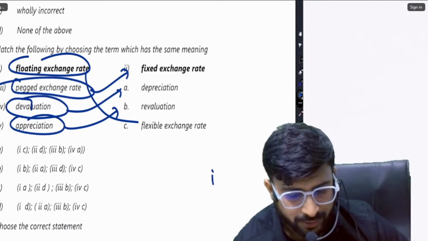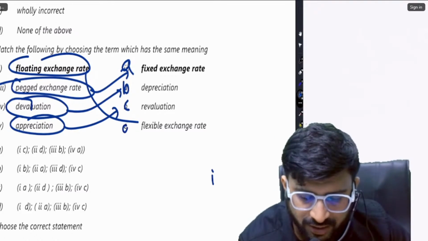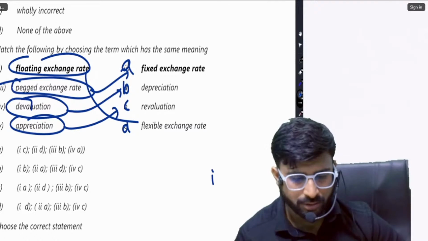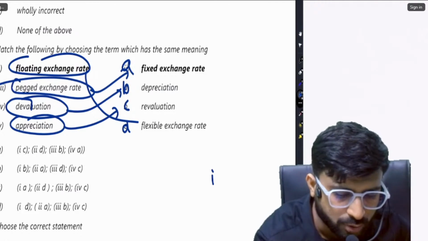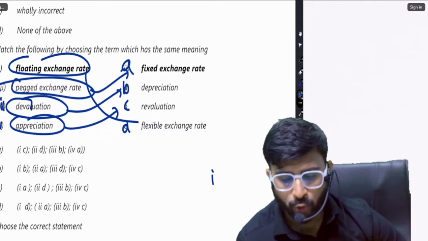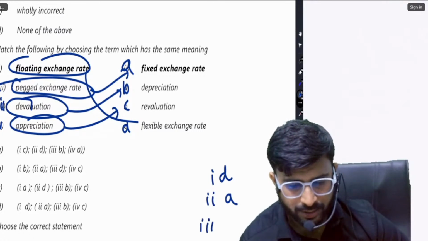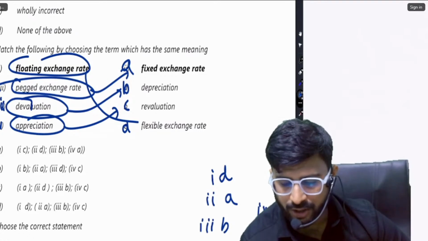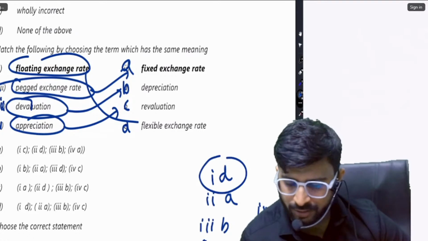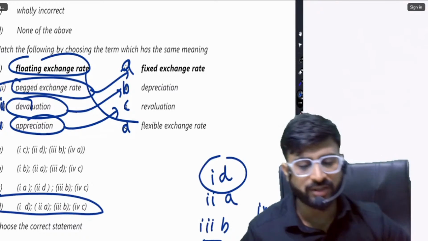What was one? Okay, this is A, this is B, this is C, this is D. Slight misprint. This is one, this is two, this is three, this is four. So one relates to D, two relates to A, three is related to B, and four is related to C. One D, two A, three B, four C. That is in the fourth case. So that is my answer, friends.